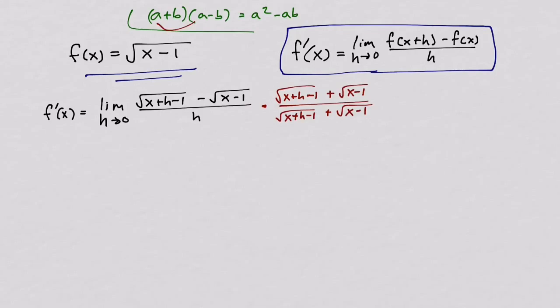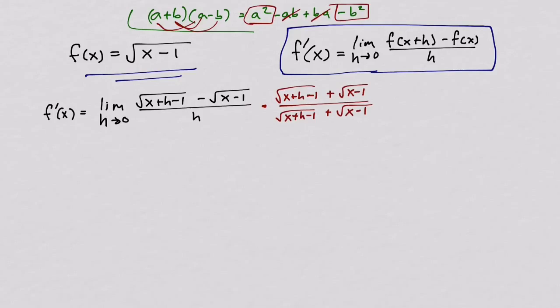I get a times positive b, or maybe I should write b times positive a from these two terms, and finally b times negative b, which is negative b squared. And because these two terms are exactly opposite, they cancel out, and these two terms are perfect squares, and so those perfect squares will cancel out the square root, which is kind of an essential part of our function.